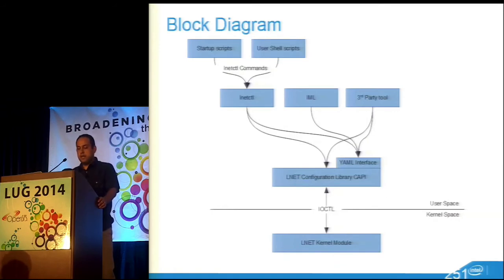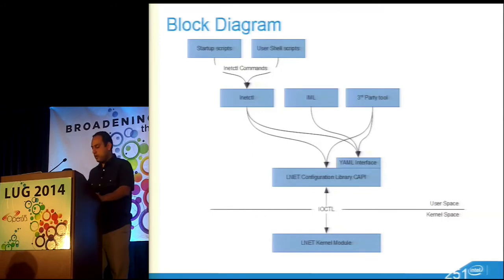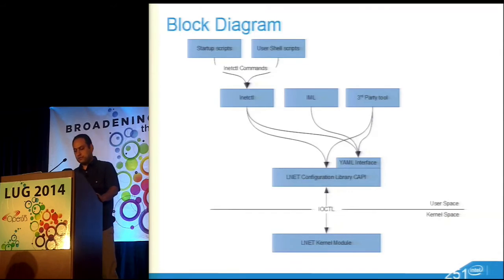The API exposes two different classes of APIs. One is to configure specific parameters like a network or a route, and another exposes a YAML interface so you can feed it a YAML file to configure all parameters described there. And it talks to the LNET kernel module over ioctl.